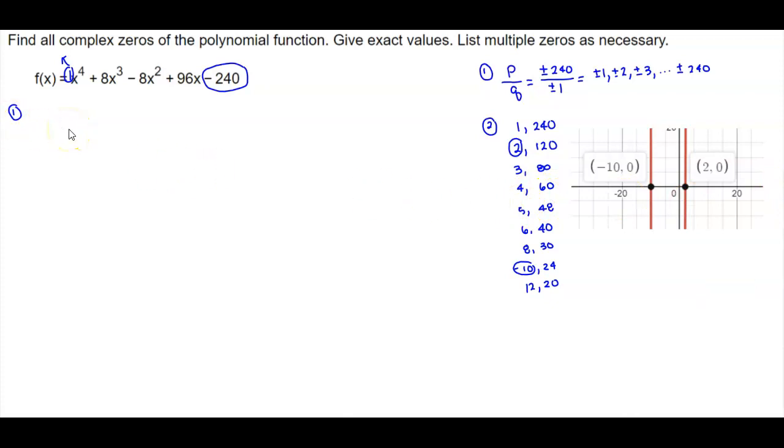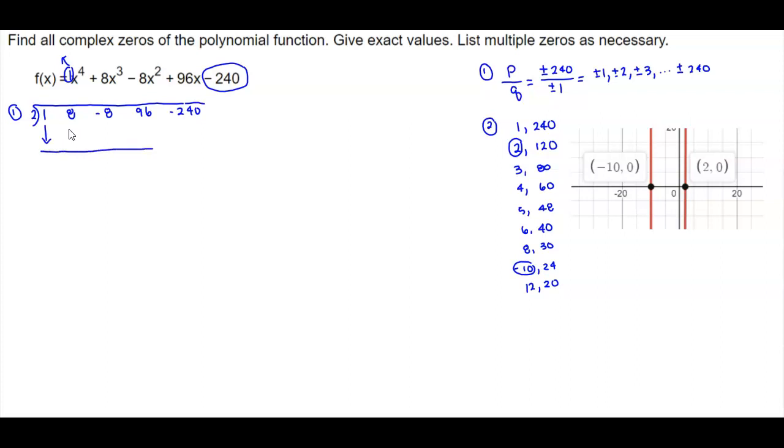We're going to take 2 and factor it into that polynomial by using synthetic division. The leading coefficient is 1. We have 8, -8, 96, and negative 240. Let's just confirm that we get 0.